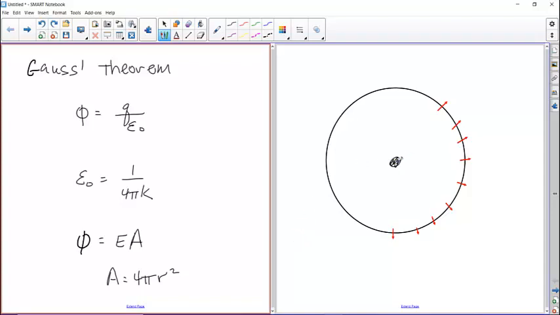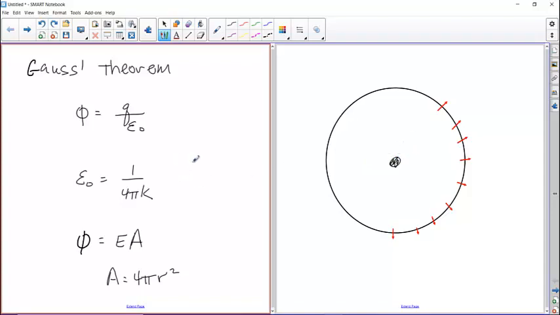And what happens is, as you make this sphere larger and larger, the electric field vector gets smaller and smaller. But the area gets larger and larger, and they compensate for each other. So you have the same flux leaving any surface that is symmetrically positioned relative to the charged particle.